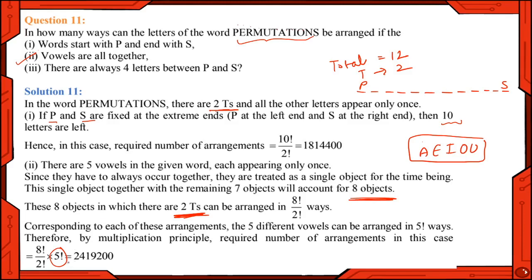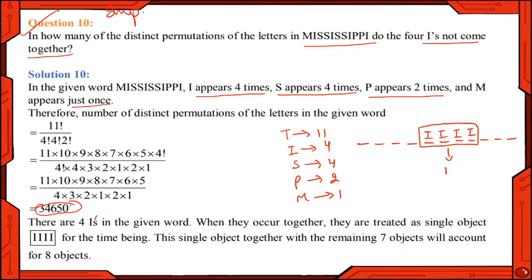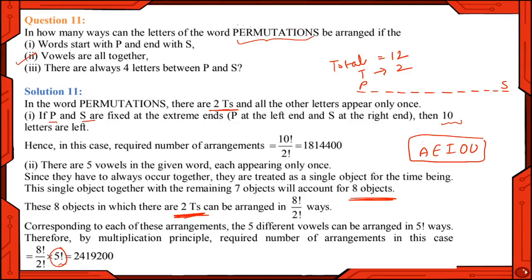So we have to multiply with factorial 5 as well. We did not do this thing in the last question because they all were I's only, right? So there was no point of doing 4 factorial here because they were all same. But here all the 5 letters are different. So they will arrange themselves within the box also.